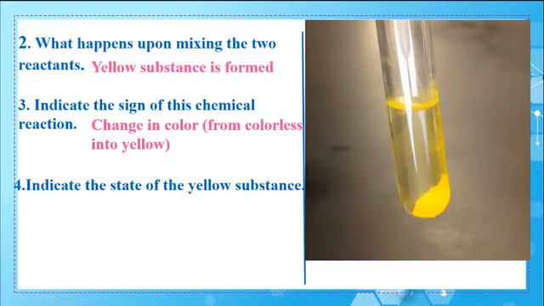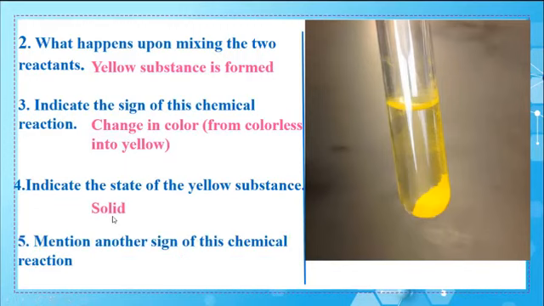Indicate the state of the yellow substance. Look here. Do you observe it in the figure? Yes, it's a precipitate at the bottom. It's a solid. Mention another sign of this chemical reaction. Now, in your opinion, what is the other sign? We obtain a solid.